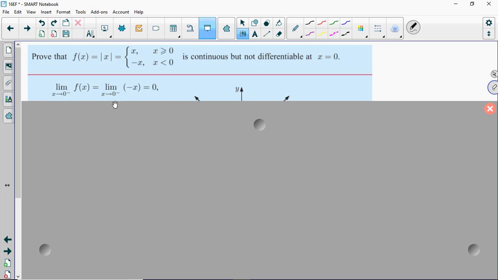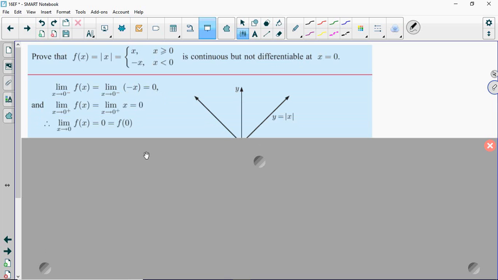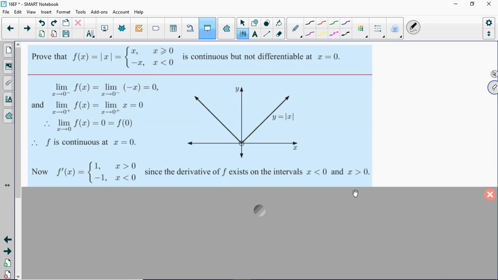As we approach from the left, absolute value of x becomes negative x from the algebraic definition of it, and negative 0 is just 0, and from the right, positive 0 is just 0. Those are the same, so it's definitely continuous at x equals 0, and we know we could draw that without picking up our pen. As for it being differentiable, we consider the derivatives from the left and the right.